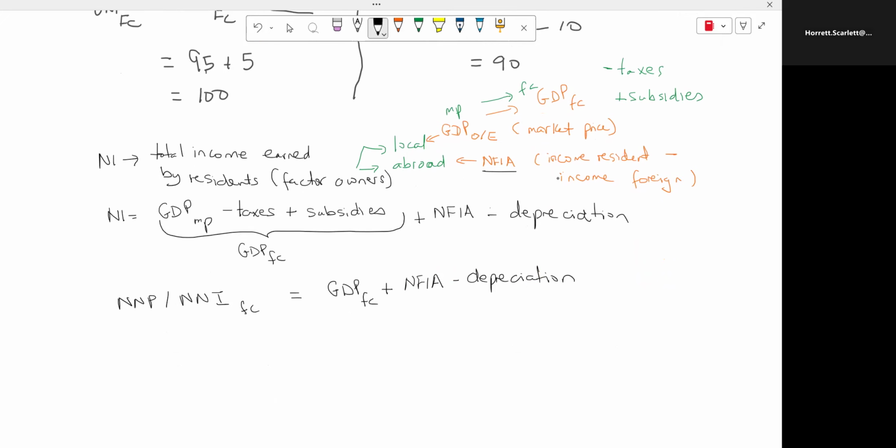And if we want to, let's say, expand all of this, then just remember that GDP at factor cost is the same thing as GDP at market prices, less taxes, we add the subsidies, we add the net factor income from abroad, and we subtract depreciation.